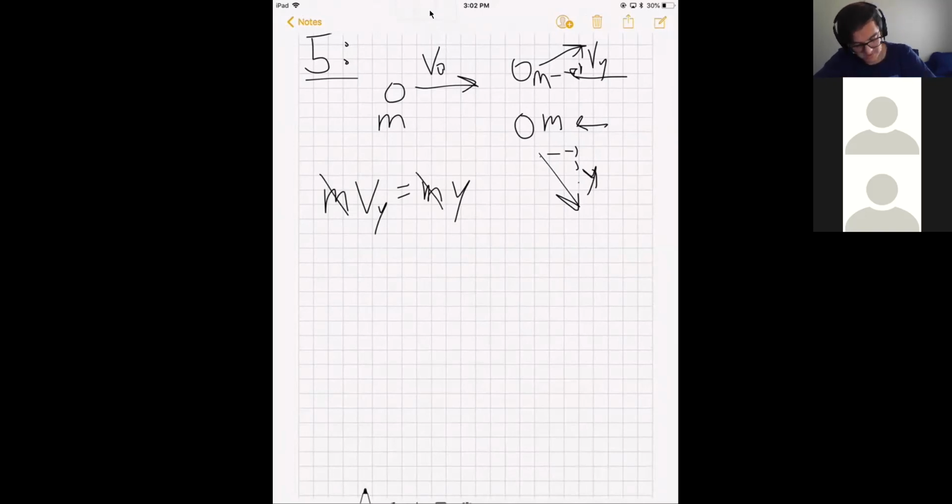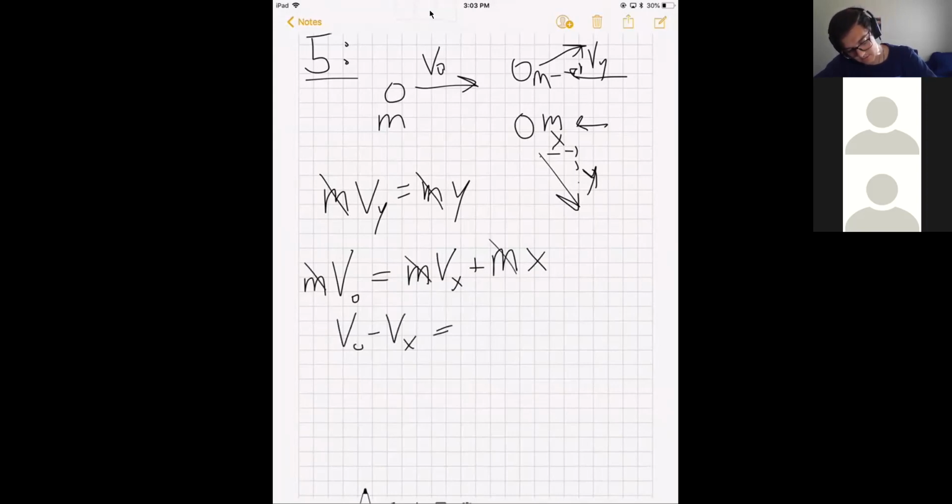And then if we want to do the same thing for x, we say m v naught equals m vx plus m x, where x is this component of our triangle here. So we want to solve for x. We can already cancel out all these m's, and we just get v naught minus vx is equal to x. So we know that both of these numbers are 2, right?